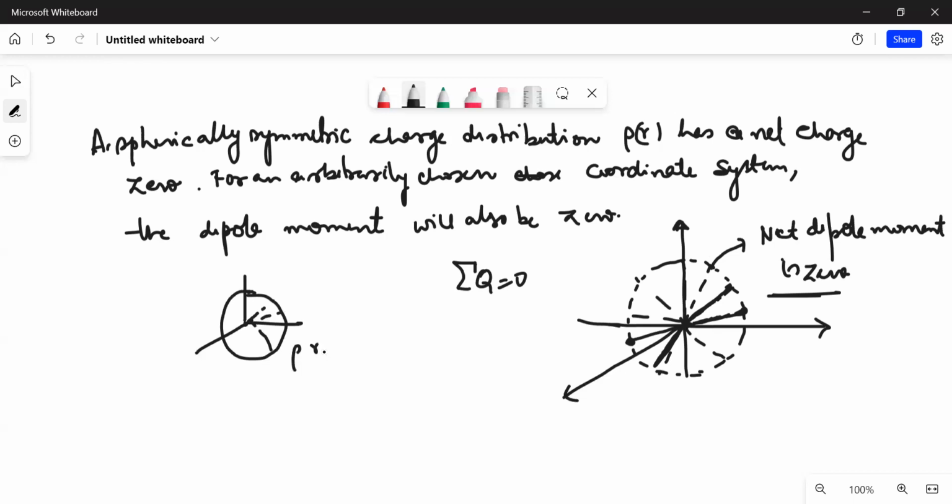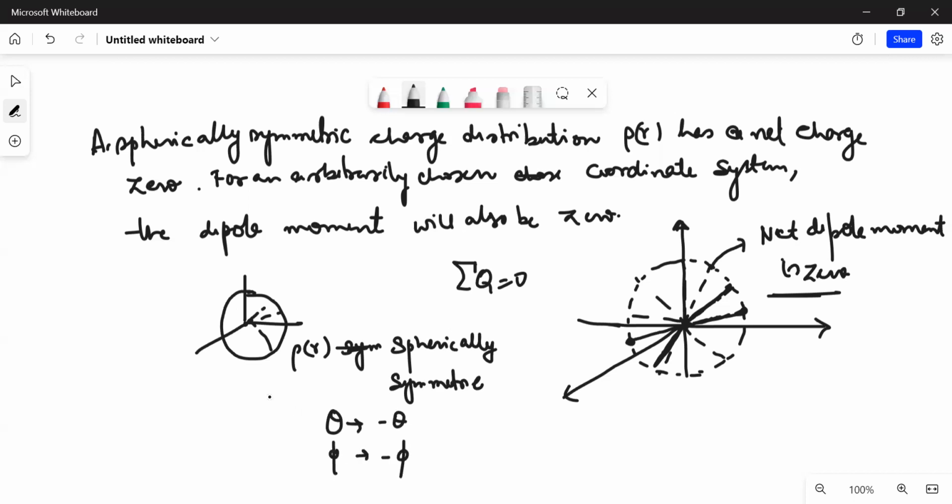Now I know that my rho as a function of r is spherically symmetric. Spherically symmetric means it is invariant under theta going to pi minus theta, so the charges would be the same.